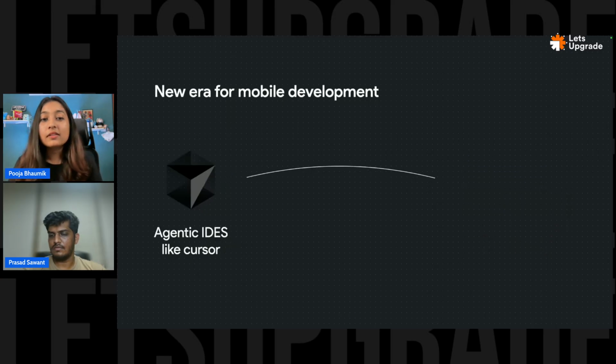Then comes the new era starting last year, which is the agentic IDEs like Cursor. Now, this is basically a fork of VS Code, and they added the agentic experience into it, so you could just talk to your code base, which is so great because early on we used to go to ChatGPT and say, hey, I have this problem in my code, fix it.